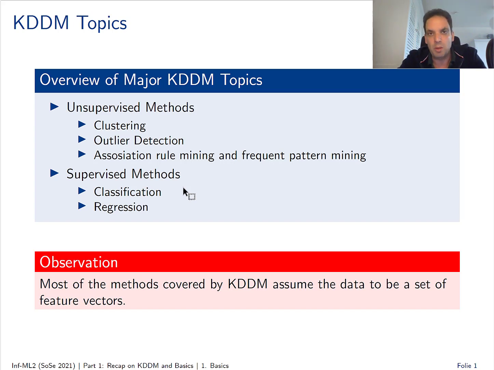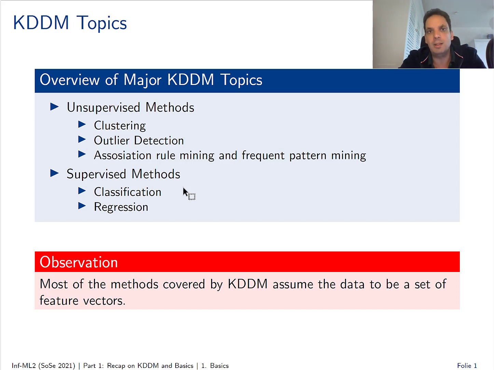In supervised methods, you have some labels; you already know the outputs for a couple of data, that's your training data, and now you want to derive a model in order to predict new data which is coming in and has no label so far. In that case, you're talking about classification if the output, the label, is categorical, and if the output is numerical, meaning a number, it's called regression. We talked about that last week.